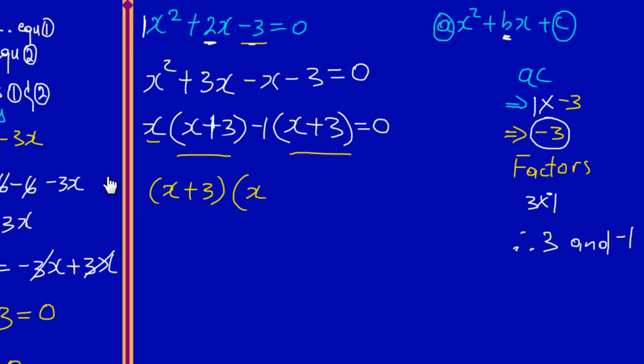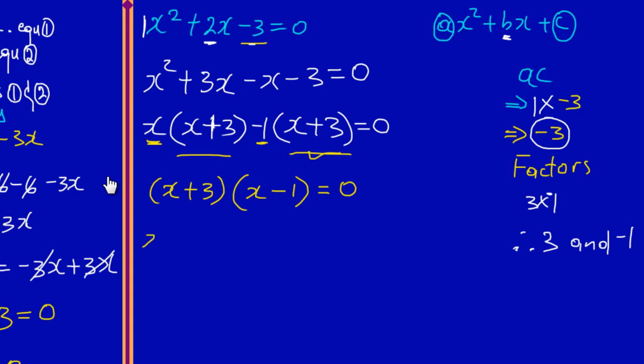So I brought that down, and I'm saying x plus 3 again inside this over here. So basically I would be left with a negative 1. Okay, so some persons may teach it as you would write down what's inside one of the brackets and combine what is on the outside of the other two. And if you notice, that's what we have there, and that must be equal to 0. Now basically I have my two factors, so what I'm going to do next, I'm going to equate them to 0.